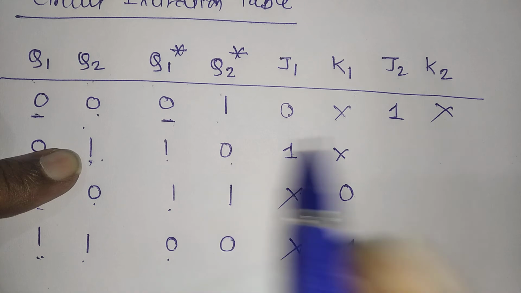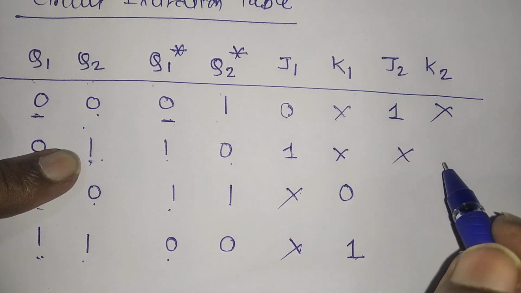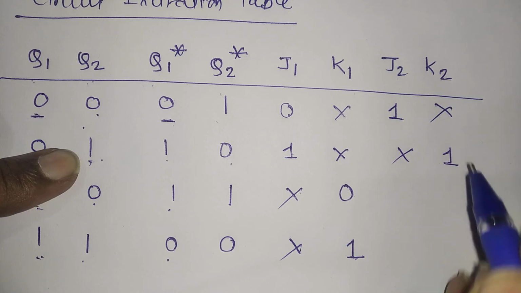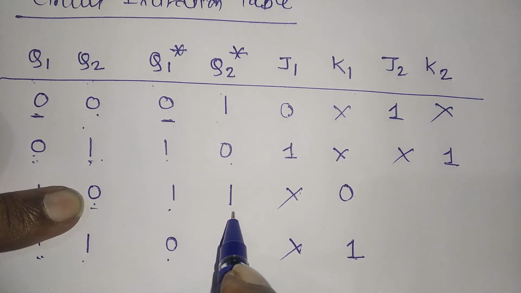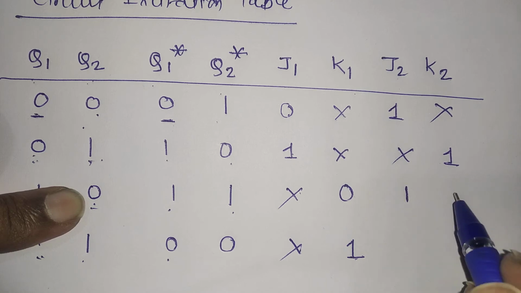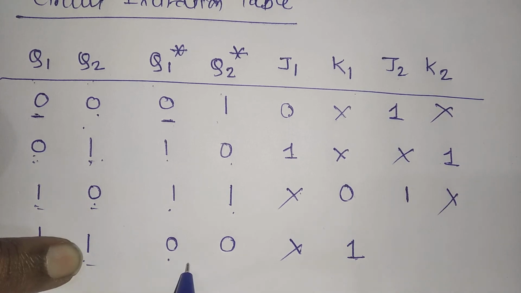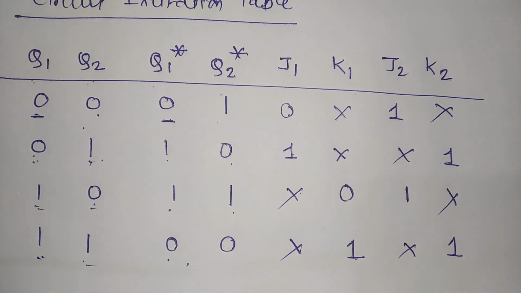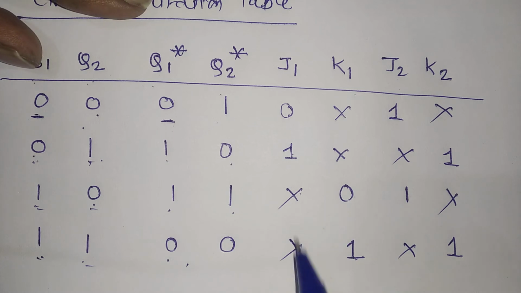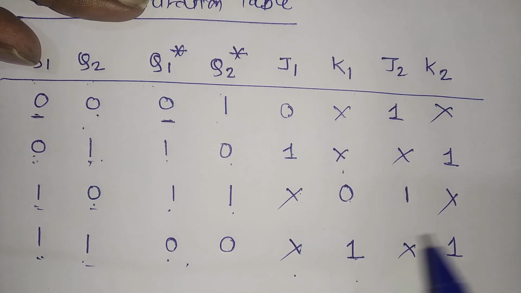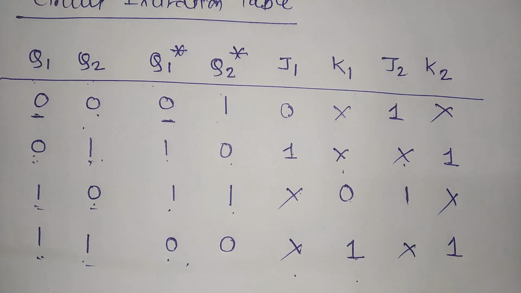For 1 0, J is a don't care and K is 1. 0 1, J is 1, K don't care. 1 0, J don't care, K is 1. So in this way we have filled the values for J2 and K2. Okay, so now we will verify the values.